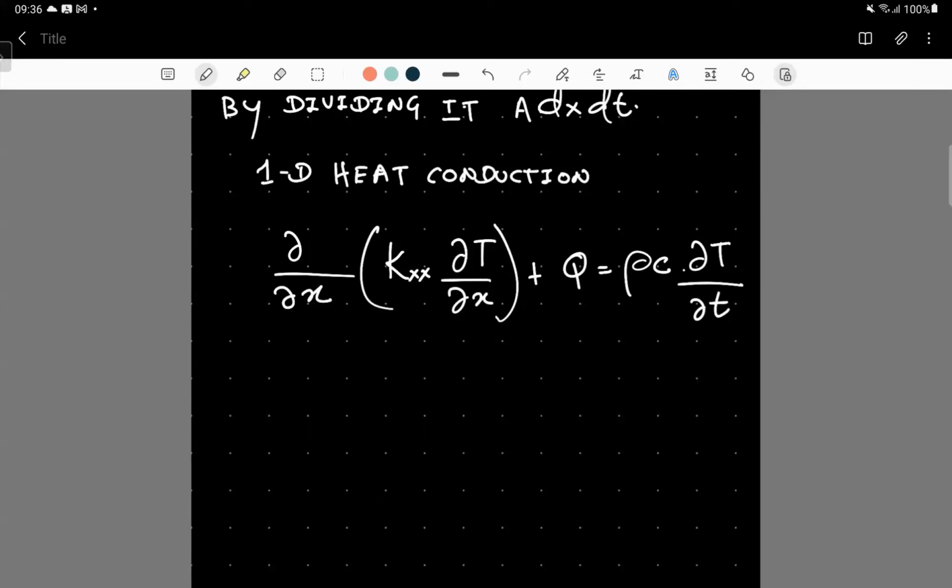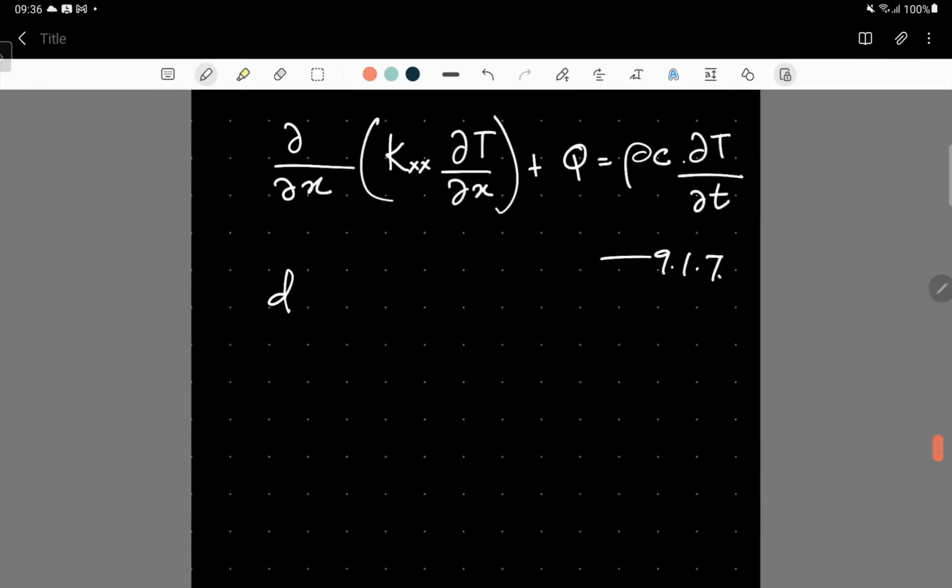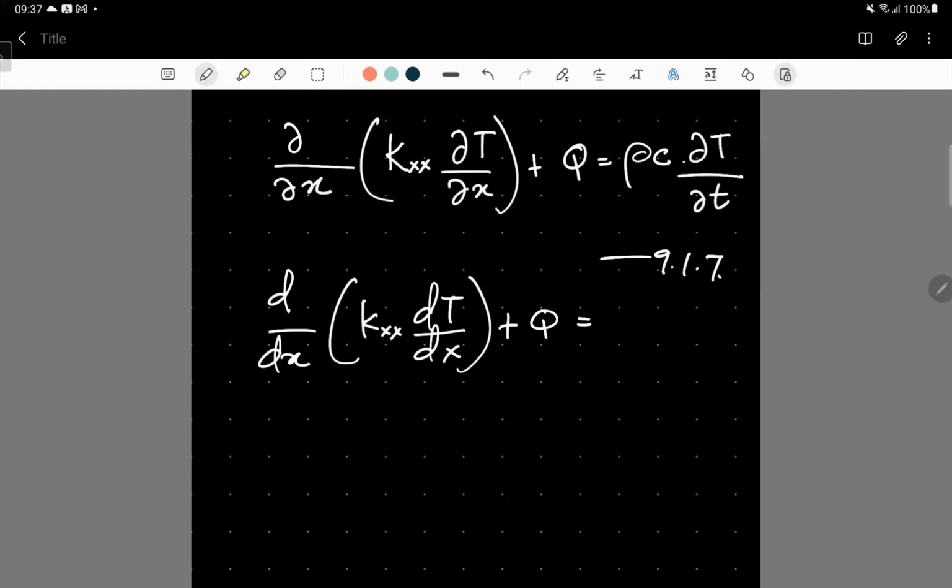Then equation 9.17 will become, since it is a 1D steady state problem, the partial derivative changed into the derivative d/dx of kxx dT/dx, plus the heat source. The right-hand side term, rho c partial T by partial t, will become 0 because there are no transient effects considered in this system.